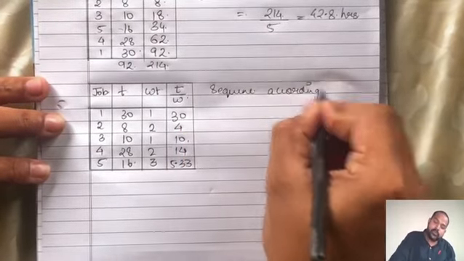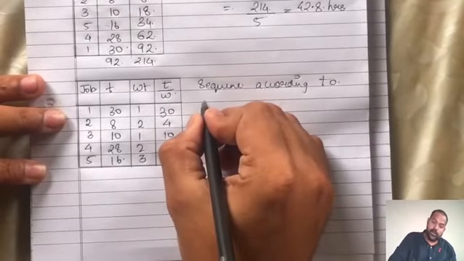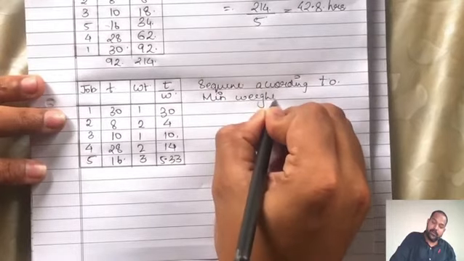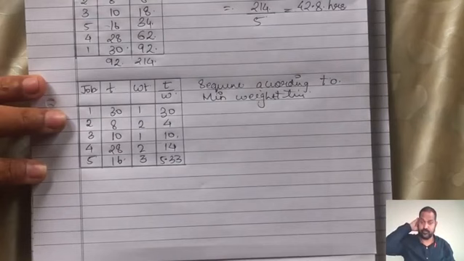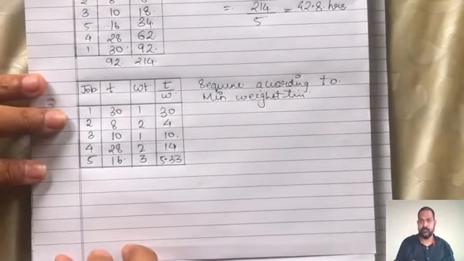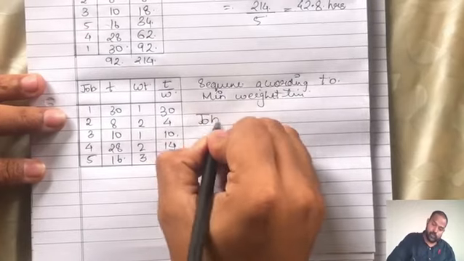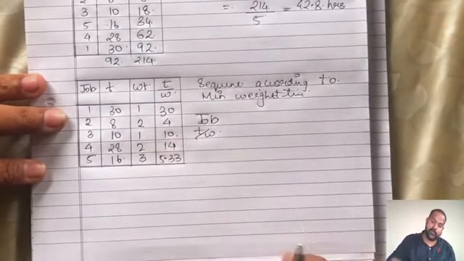And now I will sequence according to minimum weighed time. Job and time divided by the weight.